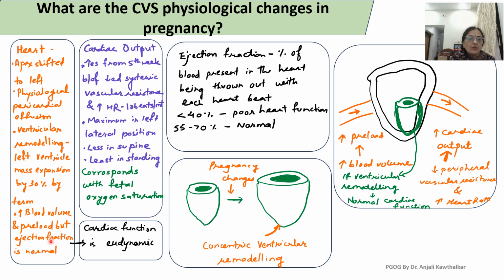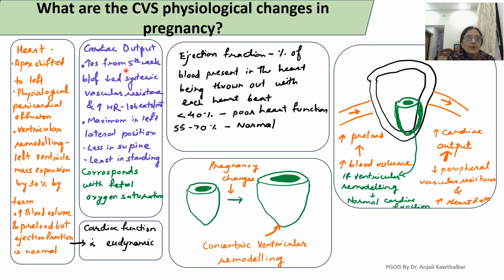So what we have seen here is there is increase in the preload, but ejection fraction remains normal. In spite of more blood being present in the heart, that doesn't mean that it remains for a greater time in the heart. With each heartbeat, the percentage of the blood which is being thrown out into the systemic circulation is same as in non-pregnant women.